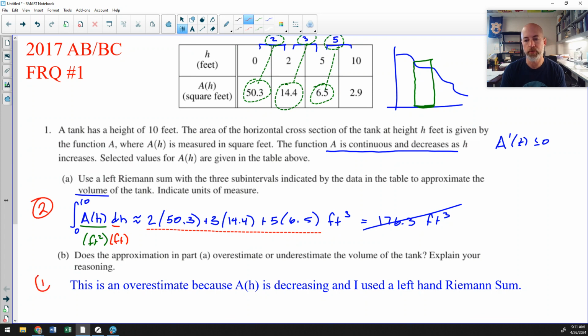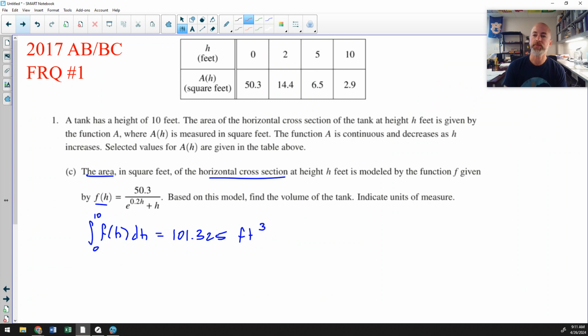B is worth 1 point for the correct answer along with the explanation. C, you got 2 points, 1 point for the antiderivative, and 1 point for the answer. And again, if you left the units off, you could still get those 2 points, but you would fail to get that other point for correct units throughout.